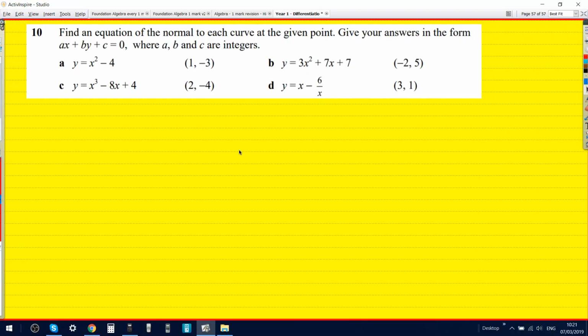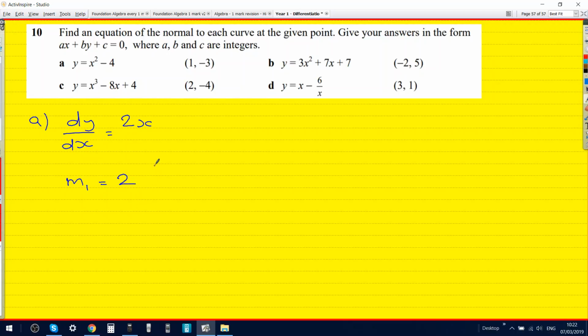So how about part A? 2x. That's it. So the gradient is 2, as the x coordinate is 2.